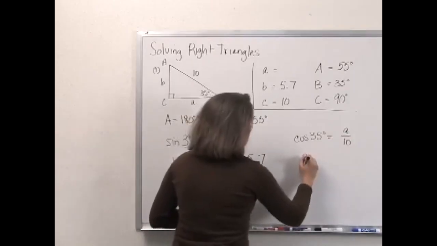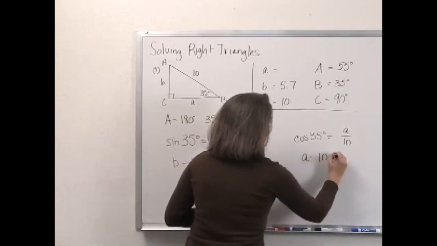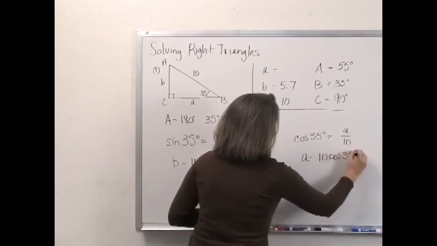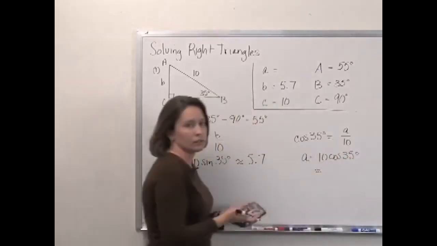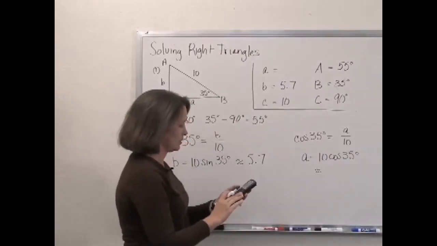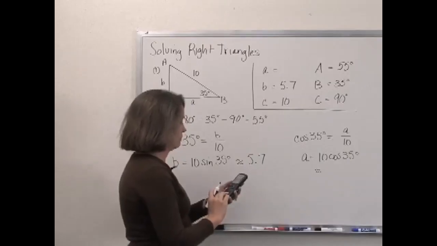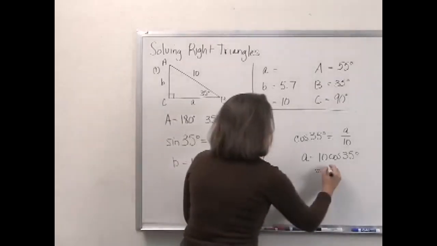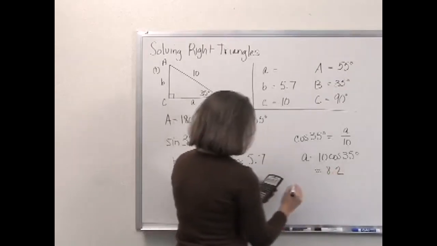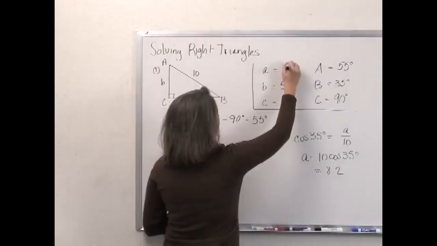Multiply both sides by 10 again. Use your calculator to approximate that to 1 decimal place. This is going to be approximately 8.2, rounded to 1 decimal place.